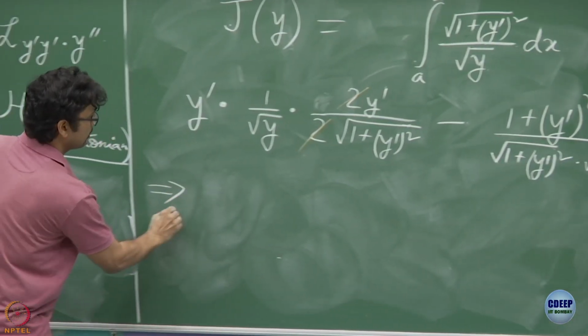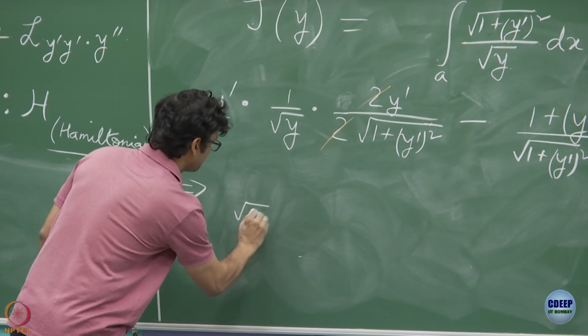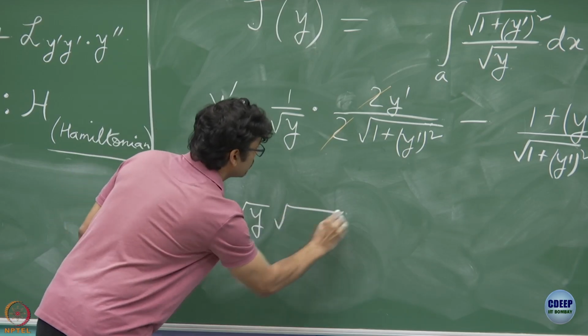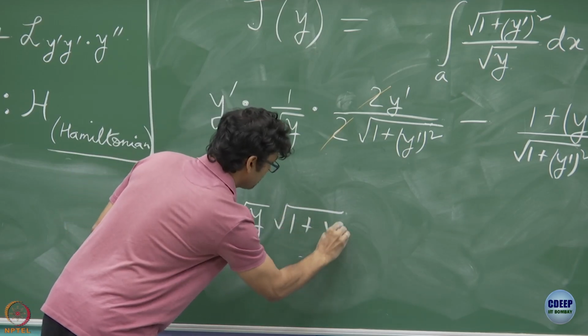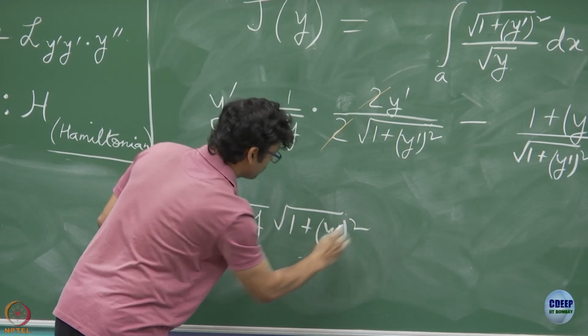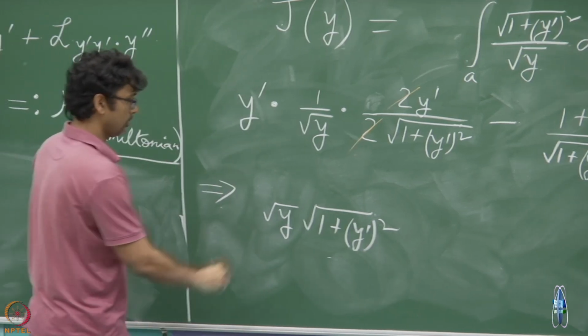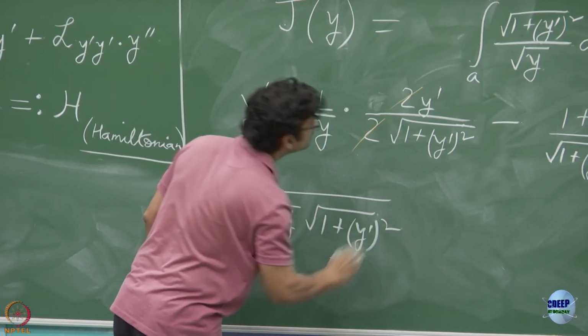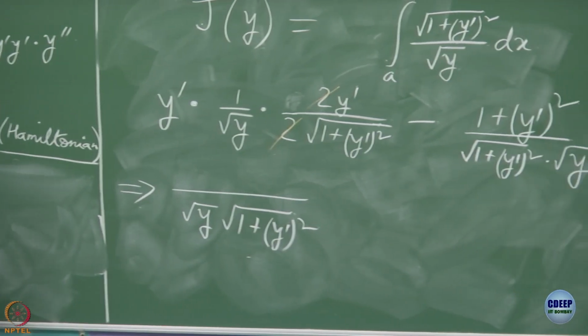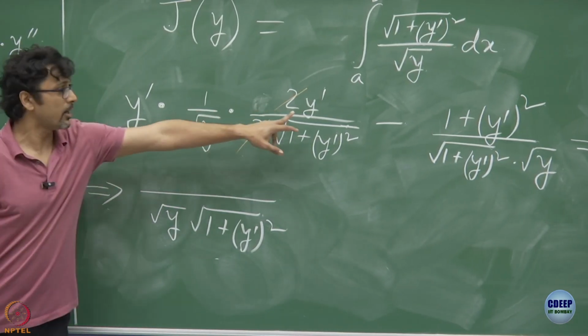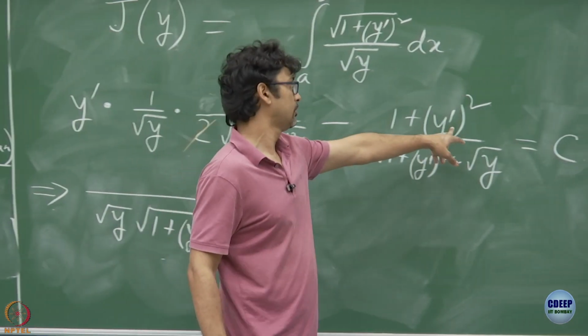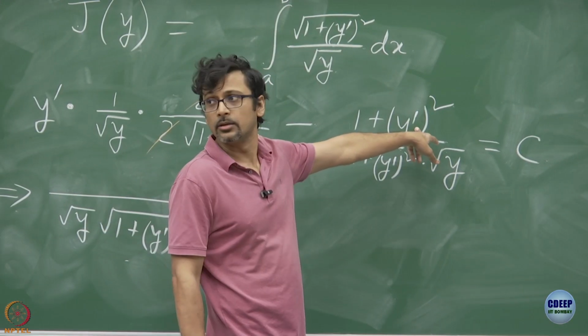So what about it? In the next step we can take the common denominator here, square root y square root 1 plus y prime whole squared. What do we have in the numerator? There's a y prime squared, that's also getting subtracted here, no?